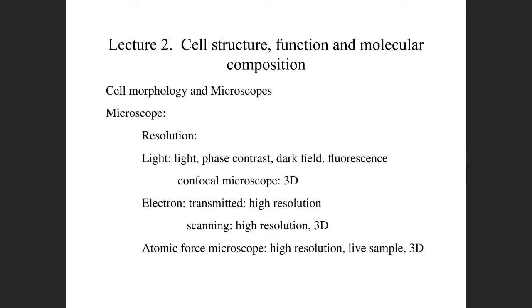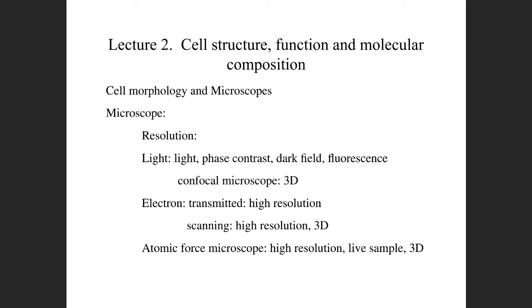Now, one of the key things about the microscope is the resolution. Resolution, as you've learned in the lab, is defined by the distance between two dots that you can resolve. We have three main types of microscopes.